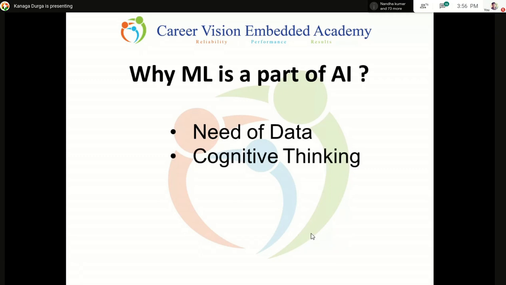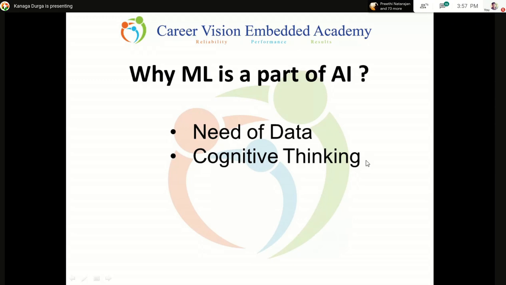The second point is cognitive thinking. Machine learning covers this aspect: you can take data, analyze it, and use it for predicting future outcomes. But the part where you need cognitive thinking, in which you need to take decisions like a human being, is achieved by AI. An AI system needs to have cognitive thinking, and for that, it needs to first analyze what the data is.